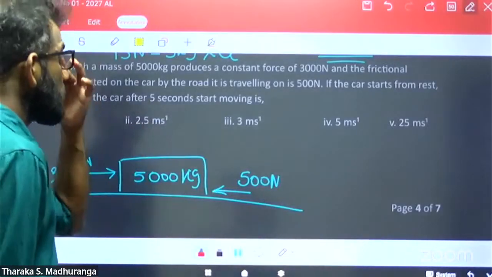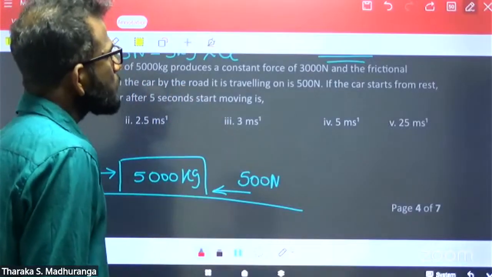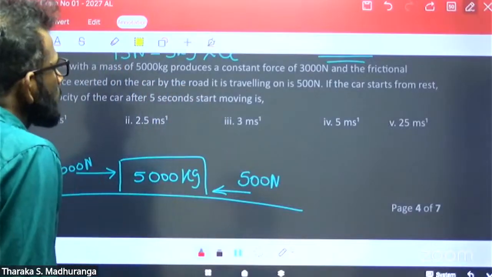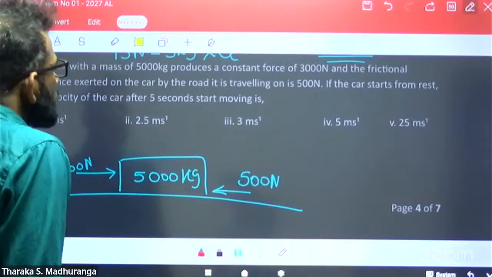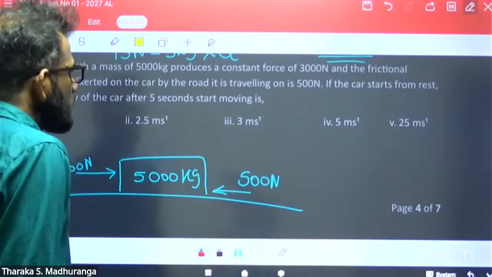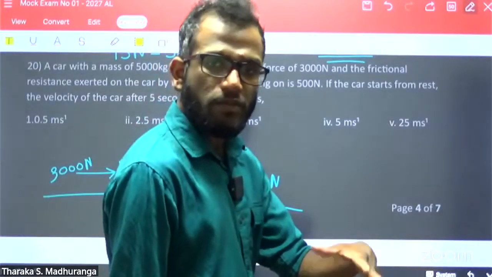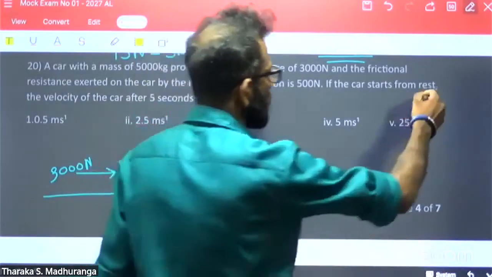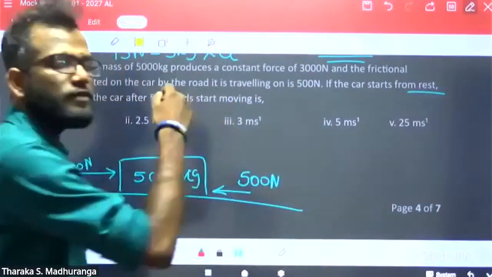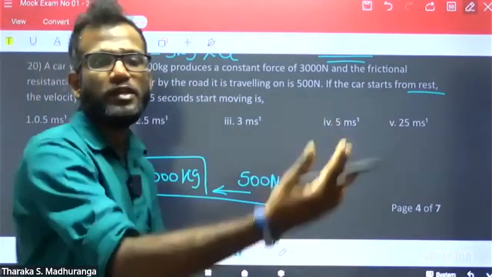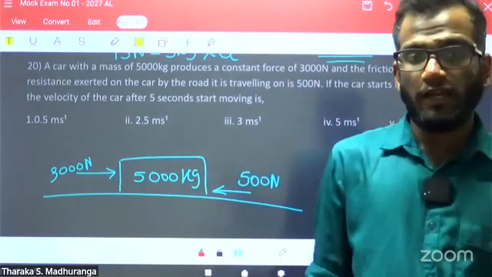Then, if the car starts from rest, the velocity of the car after 5 seconds. Starting point, the velocity is 0. After 5 seconds, the velocity is asked.